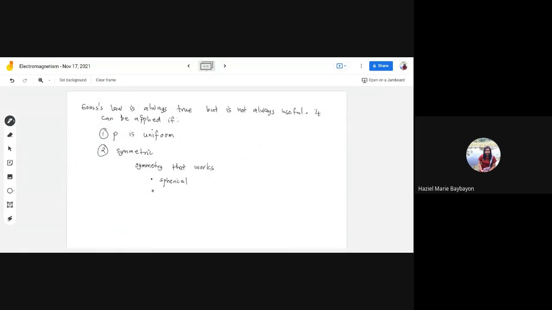And then another is if it has cylindrical symmetry or it has planar symmetry. Okay, so for cylindrical symmetry, pwede ka maghimo og coaxial nga cylinder, parehas axis nga cylinder. And then for a plane, you can use a Gaussian pillbox. Okay, so for example, kaganina we have the spherical symmetry.